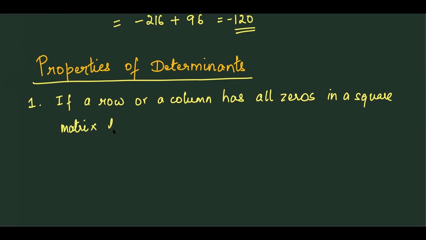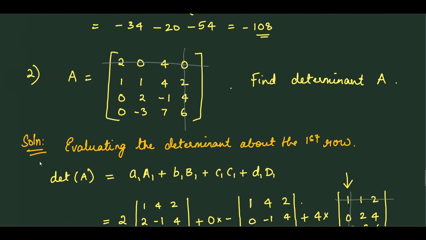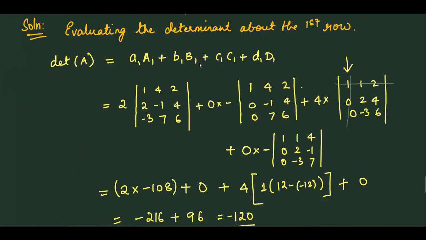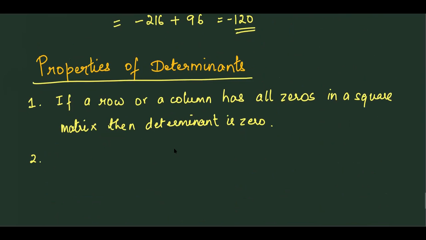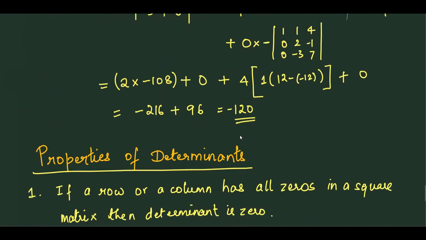Obviously, this is very clearly understood. Suppose this whole row in the previous one was 0 0 0 0. You expand about that particular row, 0 times cofactor 0. So when all elements of any particular row are 0, then the determinant will be 0. You don't have to evaluate, just see and put 0.